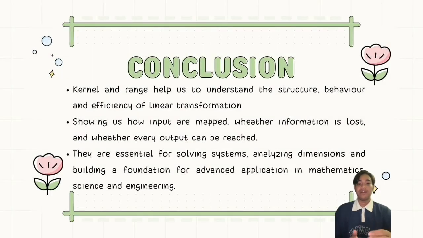Kernel and range help us understand the structure, behavior, and efficiency of linear transformations, showing us how inputs are mapped, where information is lost, and whether every output can be reached. They are essential for solving systems, analyzing dimensions, and building a foundation for advanced applications in mathematics, science, and engineering.